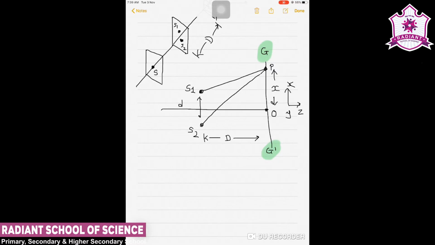The position of maximum and minimum intensities can be calculated by using the analysis that we have discussed in the earlier section.